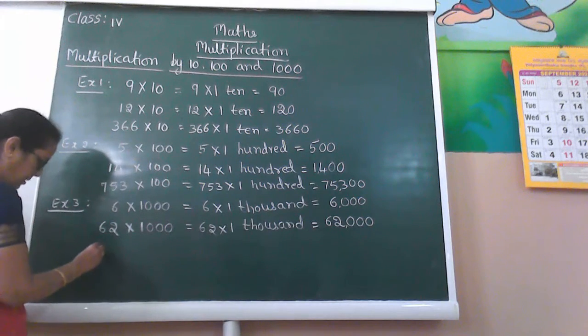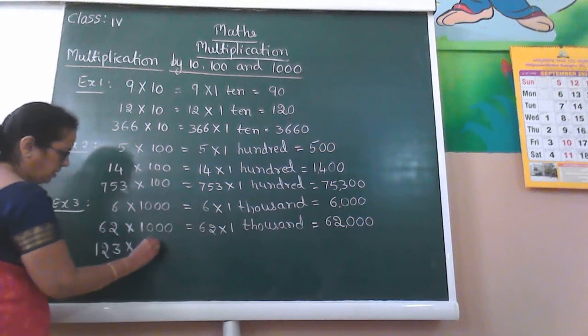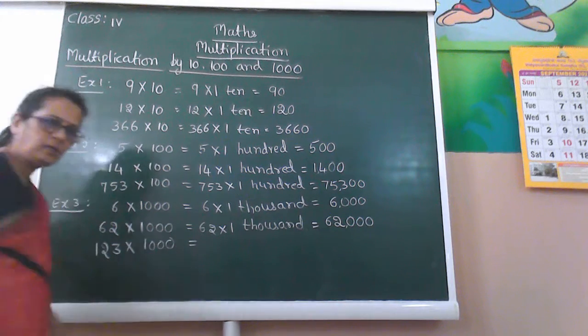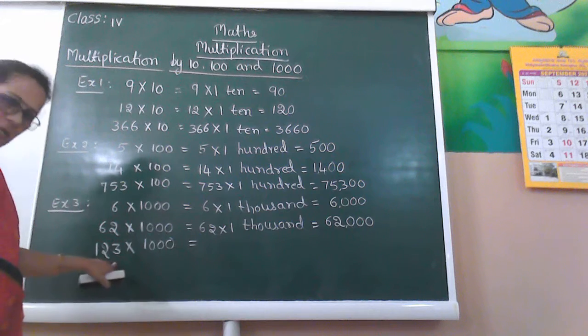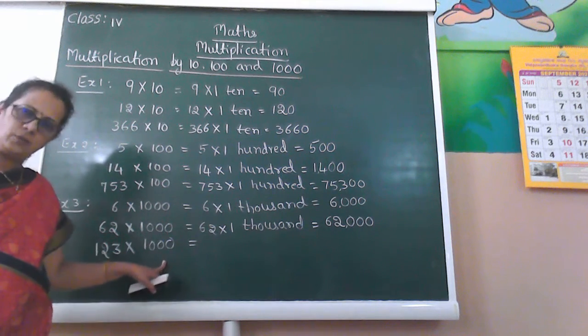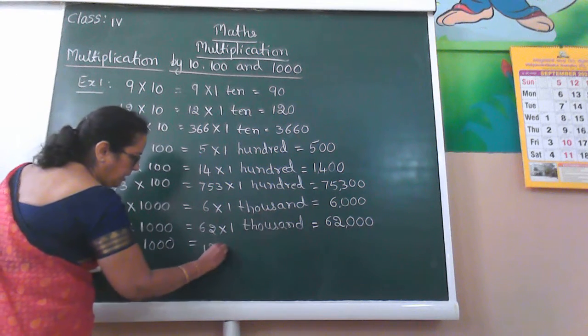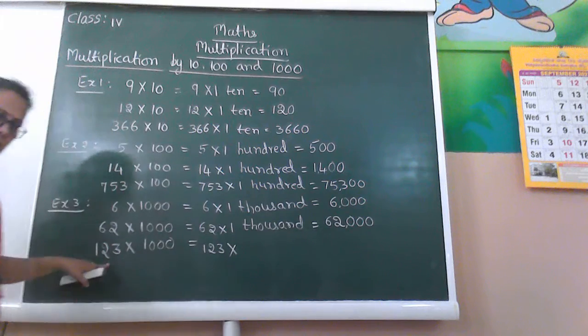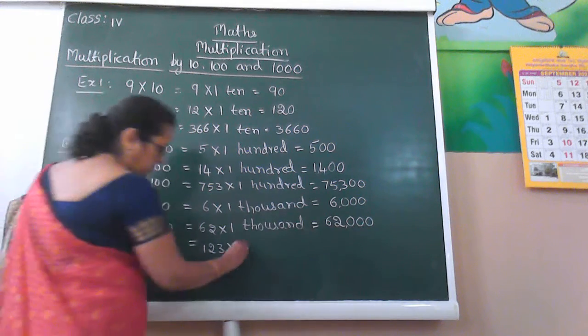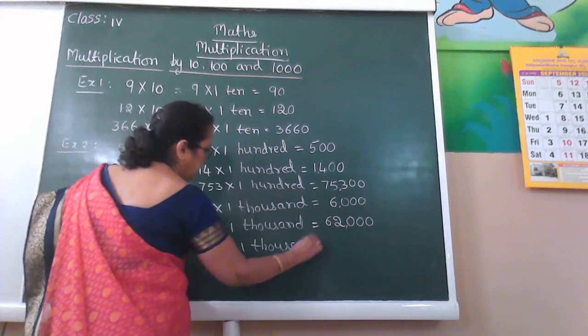Take a 3 digit number. Let us say that is 123 into 1000. Okay, 123, 3 digit number, multiplied by 1000. As I said, write the given 3 digit number 123 as it is. Next 1 is in 1000 place. Write it as 1000.